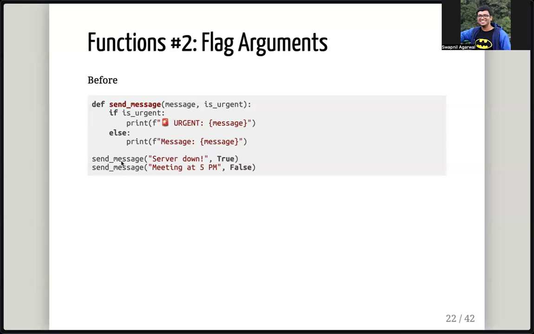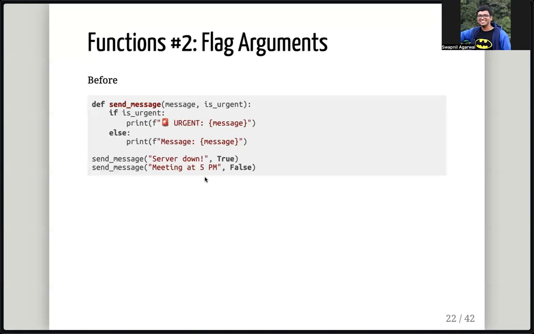That's fine. But if you're just reading the code at a glance, this hurts the readability very badly. So this function is doing two things, sending a normal message and sending an urgent message. Introducing that flag is creating that issue here.